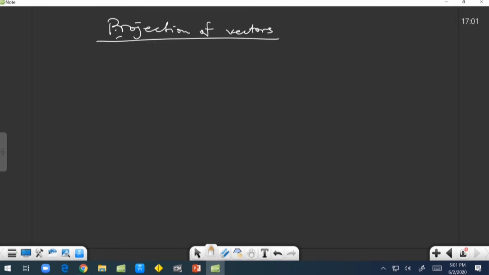If you project vector A on B, that will be equal to A multiply B unit vector. So that means A multiply B over modulus B.